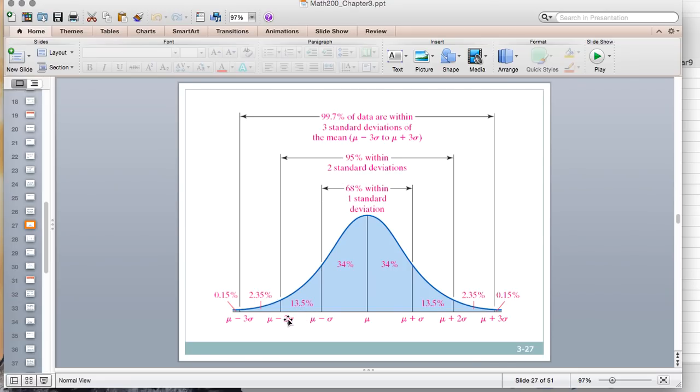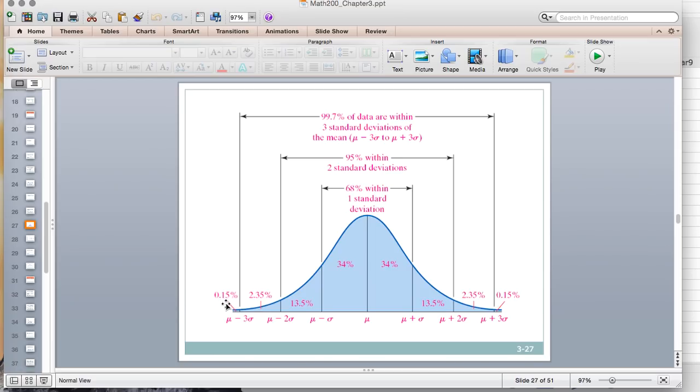And if we go 1 extra standard deviation, we pick up a little more. We pick up a little 2.35% over here, a little 2.35% over here, and we end up with 99.7% of the data within 3 standard deviations. Okay, so almost all of the data is within 3 standard deviations. Only 0.3% are in the left and the right tails.